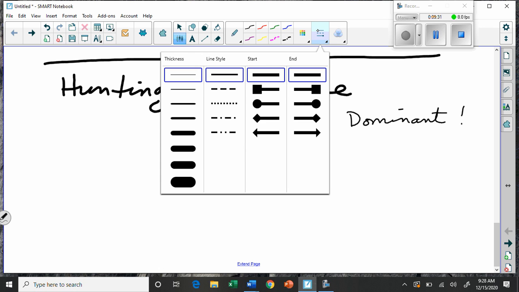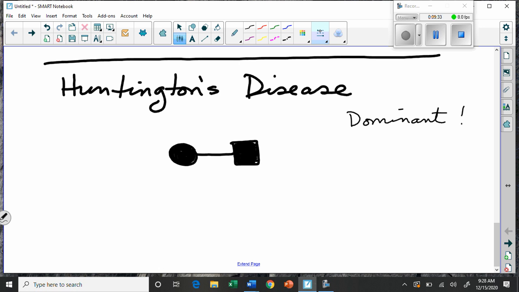And when they do have children, they have 4 children. So we go over here like this, and we draw their 4 children. 1, 2, 3, 4. Out of those 4 children, they have this male who does have Huntington's disease.